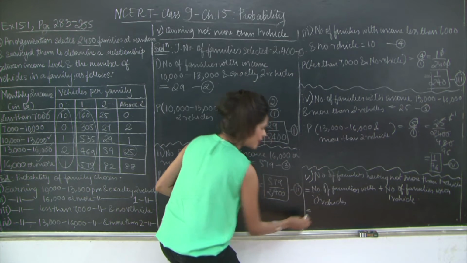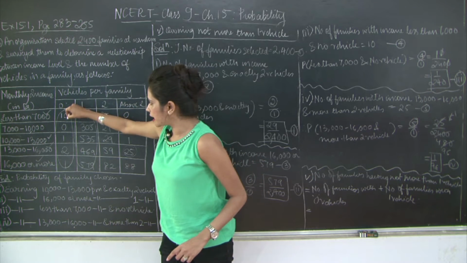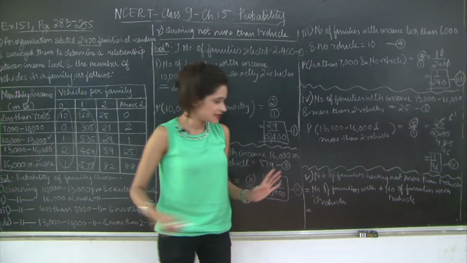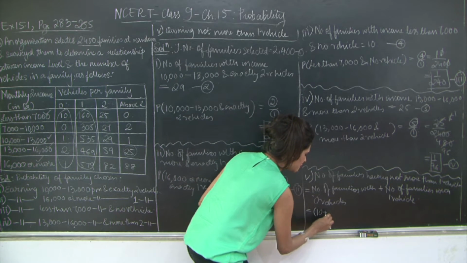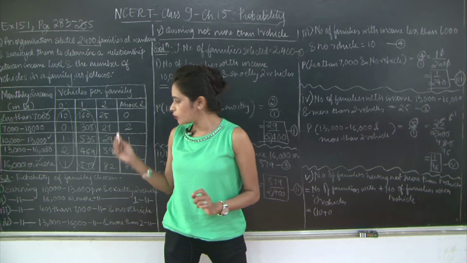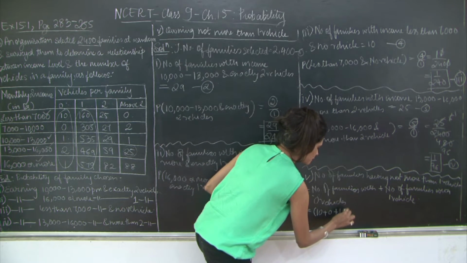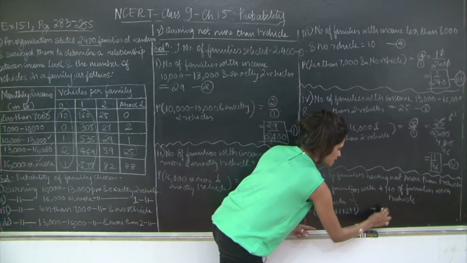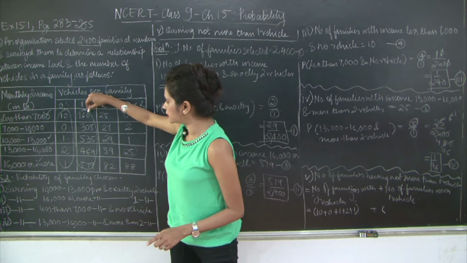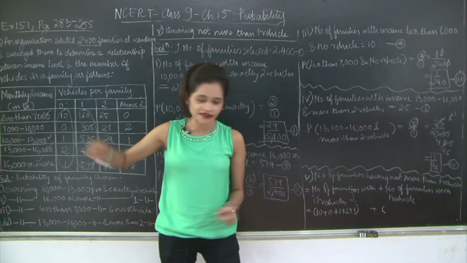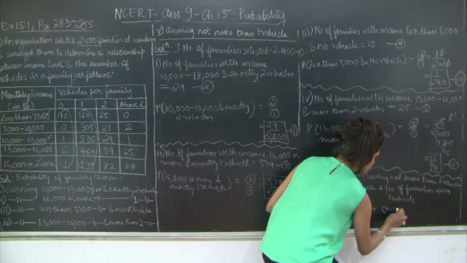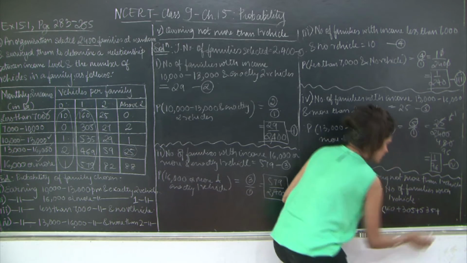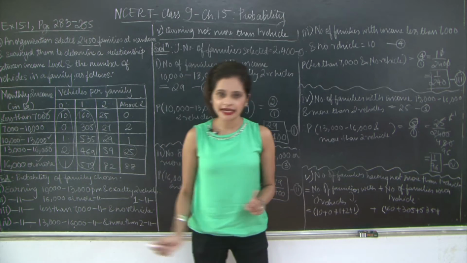So let's add the number of families under the 0 category. This is 10 plus 0 plus 1 plus 2 plus 1. Let's just write this down as it is. 10 plus 0 plus 1 plus 2 plus 1. So this is for this category, plus let's check the number of families out here. 160, 305, 535. Plus, so we have taken 3, 469 and 579.